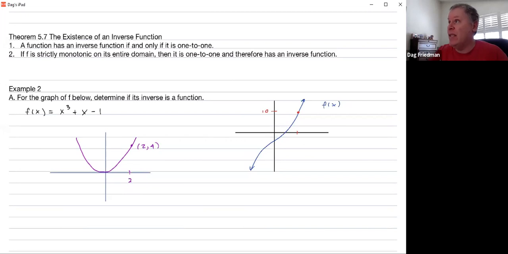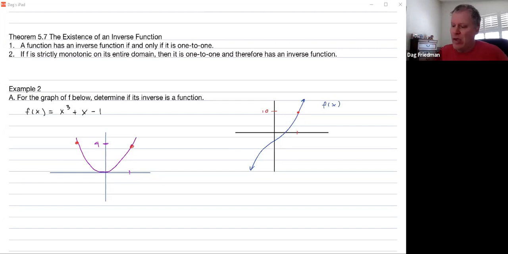But, and this is important, for every output, there's more than one input. If I have an output of 4, there's actually two inputs that produce 4, and that is -2 and +2. Therefore, the function y equals x squared, its inverse is not a function.